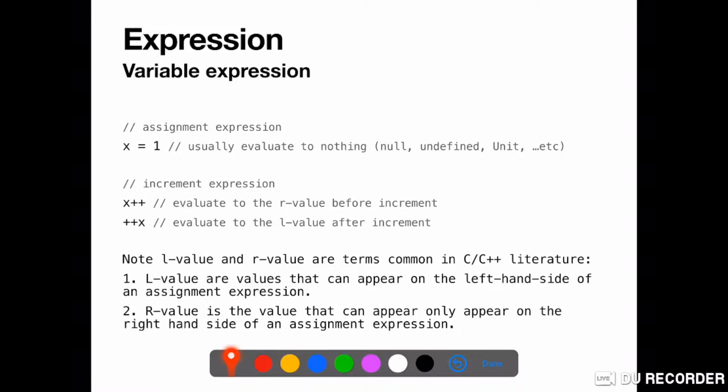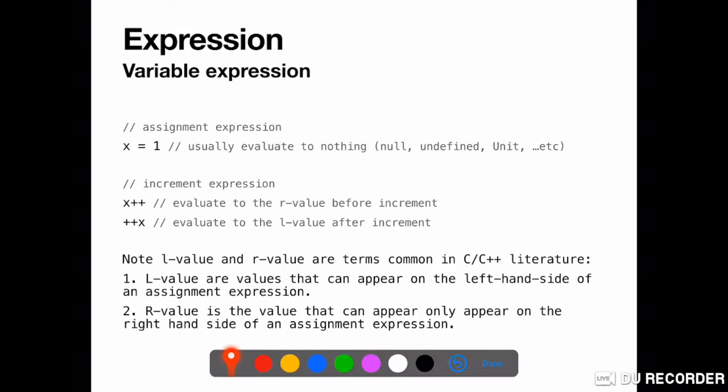Now we can have some more expressions like x equals 1. This is called an assignment expression, and usually in almost all programming languages I see, an assignment expression doesn't evaluate to any value. So in C++, assignments evaluate to like null.